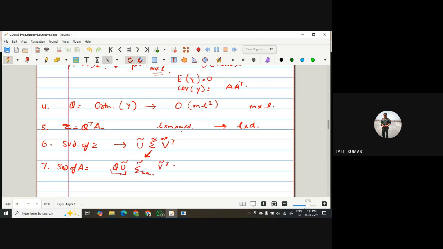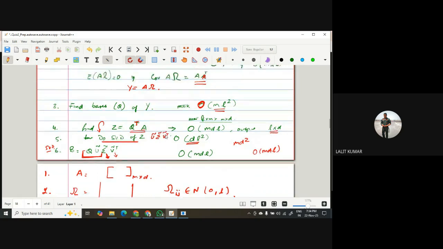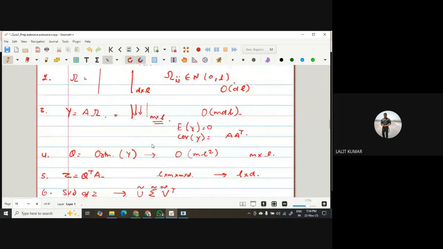So this is how we get an efficient SVD of A in O(MDL). Is this okay? All these steps with everyone? Yes. Okay, very nice.